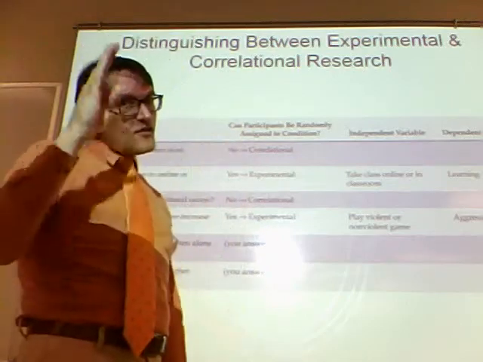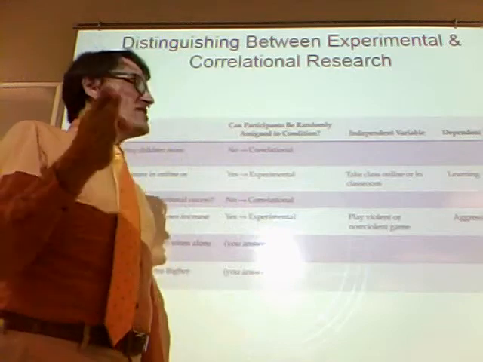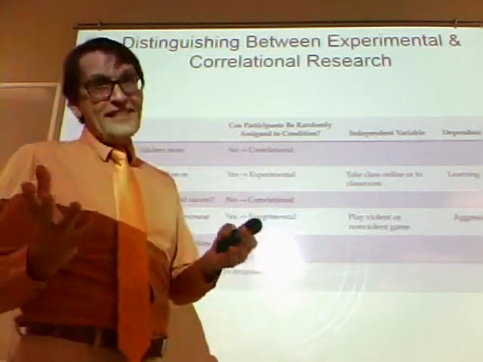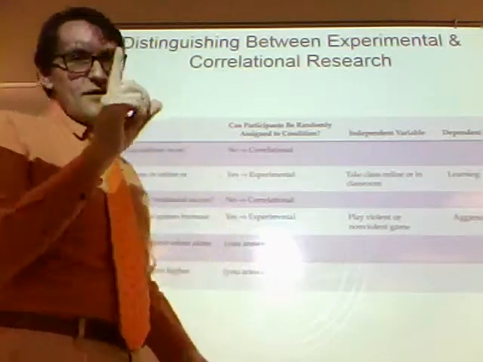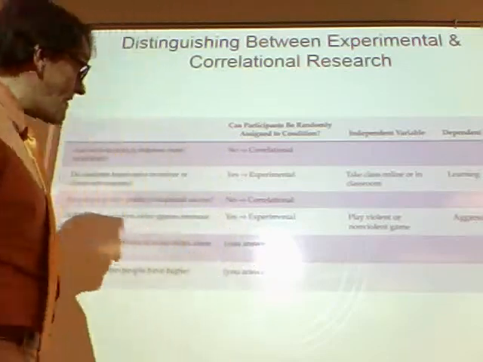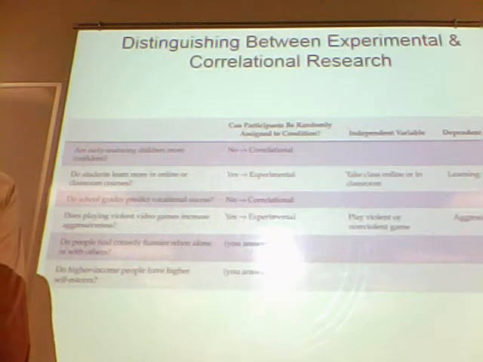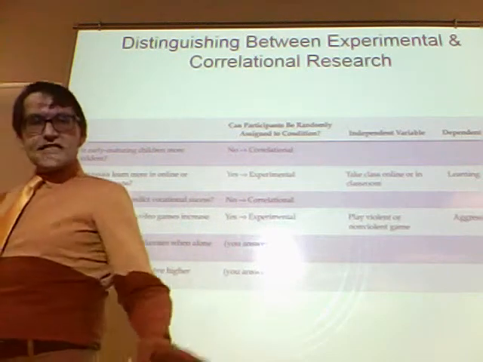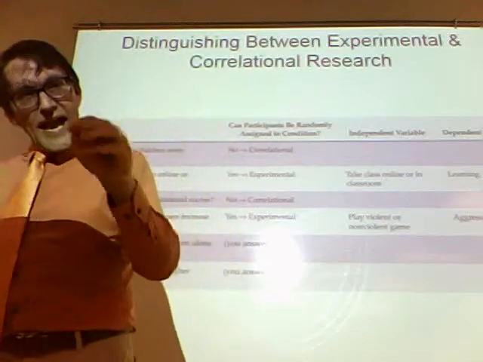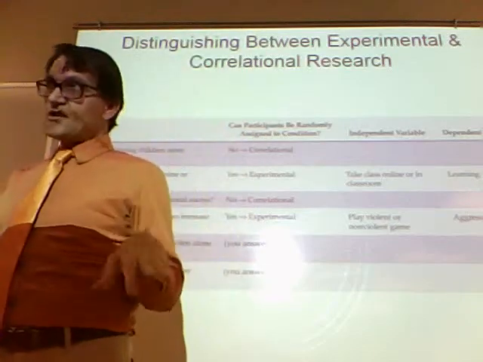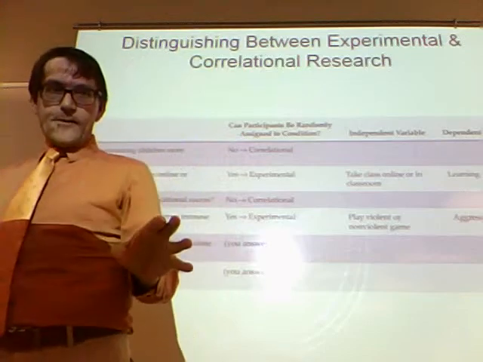And there's really fundamentally only one thing that you need to do. I mean, there's lots of things you need to do good experiments. But fundamentally, the one thing you need to have an experiment is random assignment. You need to be able to take people and randomly assign them to conditions. If you cannot randomly assign to conditions, you do not have an experiment.